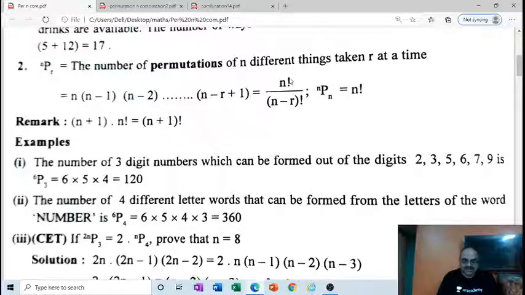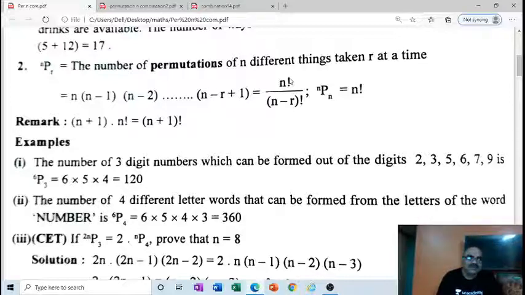Welcome you all once again to this session, and this is Manjunath. I'm taking permutation and combination. What exactly is permutation? See, we have beautiful words like arrangement, rearrangement, putting the things in a very definite order, in a systematic manner, using certain principles.